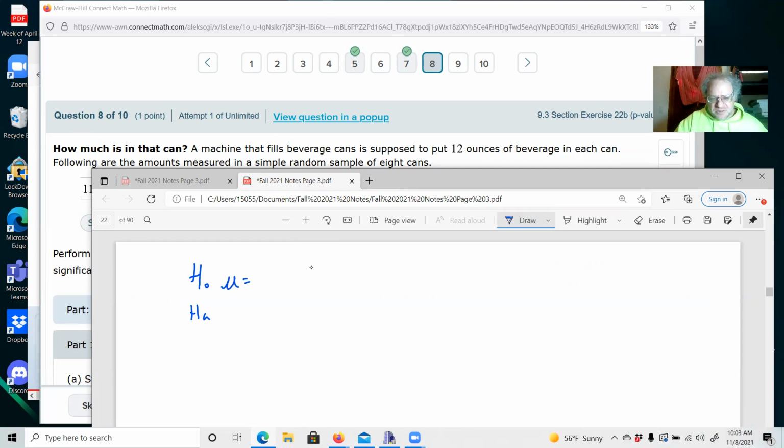So it's either 12 ounces. Usually with these we care about more than or less than, but maybe this is a consumer group and they're caring more about whether or not you got what you paid for. So either equals 12 ounces or is under 12 ounces.